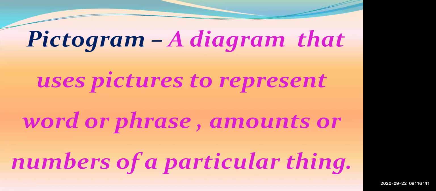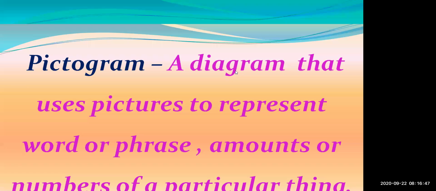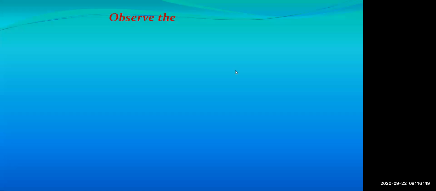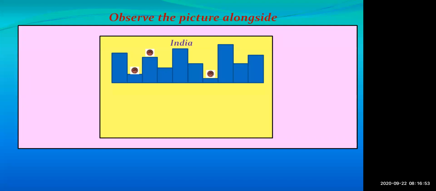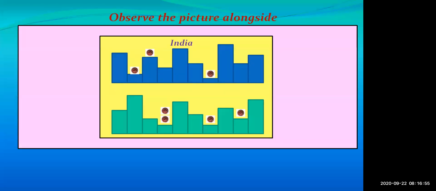I will show you one diagram here. You see the diagram, then you will understand what is pictogram. See, this is one picture here. Last time also you have seen this picture. In this picture, you can see the names of two teams are given, India and Sri Lanka. Can you tell me what this picture is about?